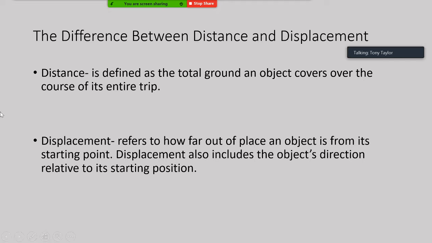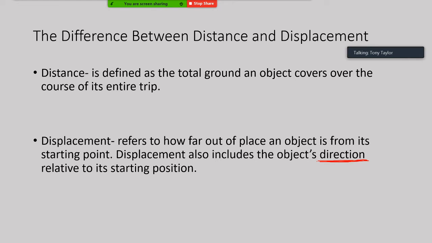I'm going to highlight that because it's pretty important that you know that displacement includes direction. Displacement can either be positive or negative. With distance, we're not concerning ourselves with direction, but with displacement, we do.